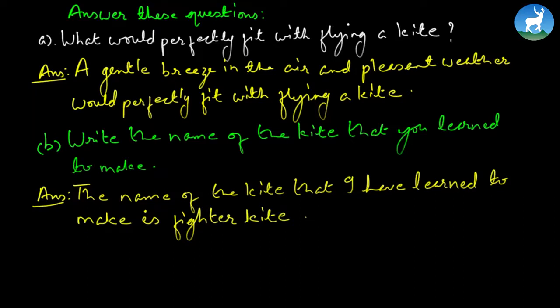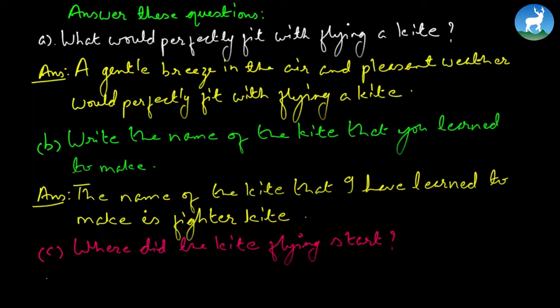Now, one more question is here. I will again help you with one more question, okay? You must see, where did the kite flying start? The kite flying. Remember, it's asked in simple past. So the verb must be changed to simple past. The kite flying, in this case, start.